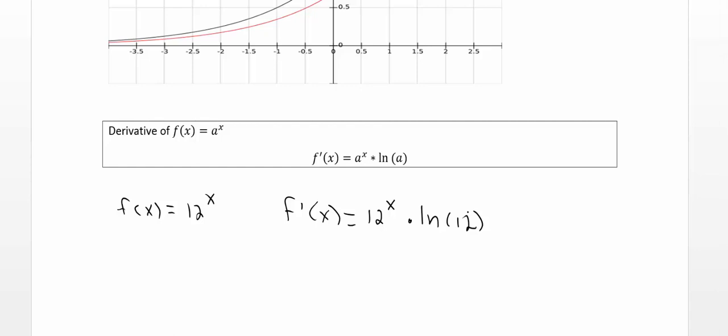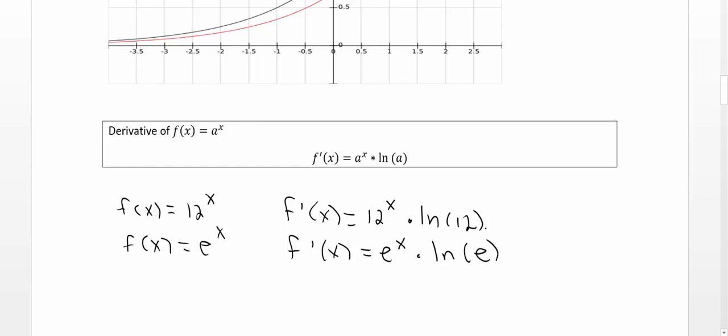Let's go ahead and see what happens, because we're going to have a special case when we look at the function e to the x. So e to the x has a numerical base. E is approximately 2.71. And so when we take the derivative, we're going to get the same thing back, e to the x, times the natural log of the base.